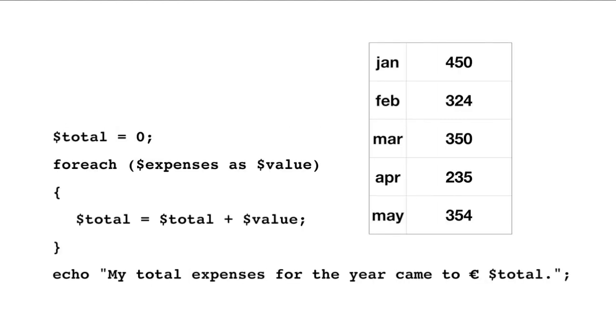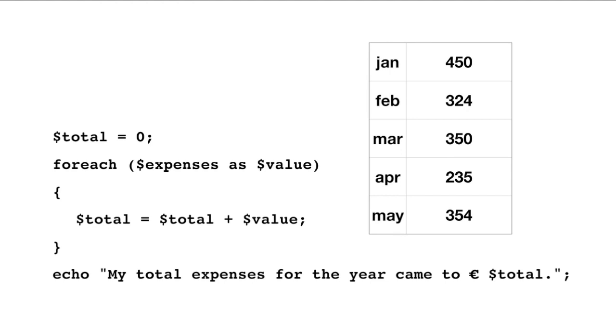Take a look at this piece of code. It's using the same array, but what we're doing now is totaling up the expenses for the year, if this was a full year's worth. This is in the example that you have. You can see this working and you can tweak it a bit. We start off by saying total gets 0.